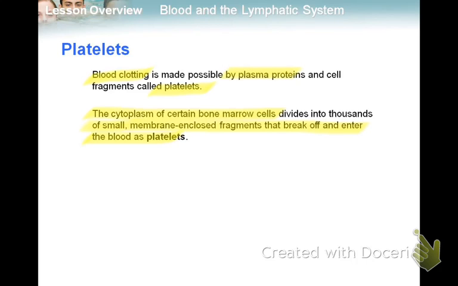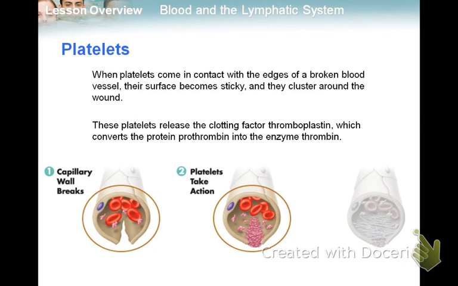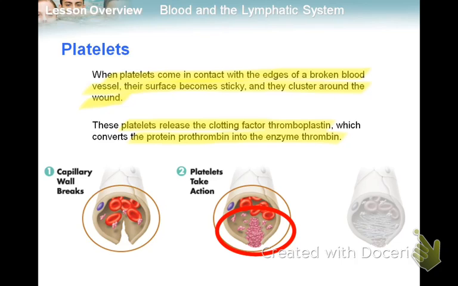Plasma proteins also help with the blood clotting process. When platelets come in contact with the edges of a broken blood vessel, their surface becomes sticky and they cluster around the wound. That's what you see happening here. The platelets then release a clotting factor called thromboplastin, and it converts the protein prothrombin into the enzyme thrombin.